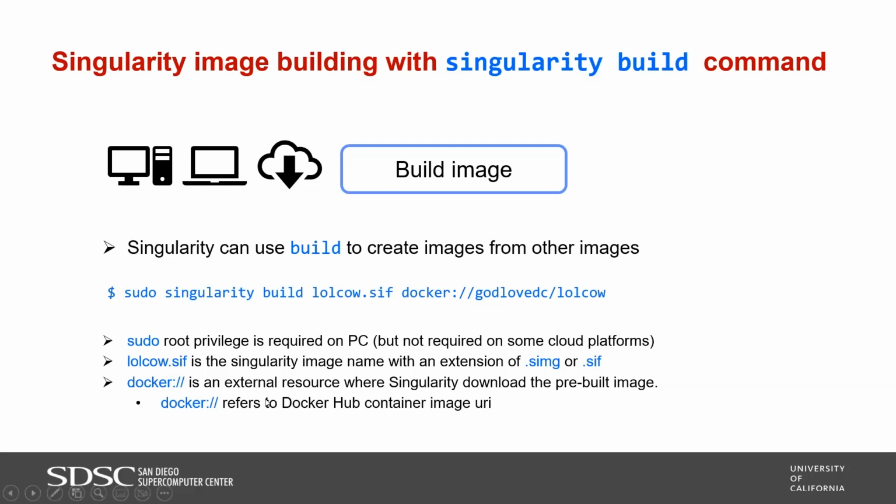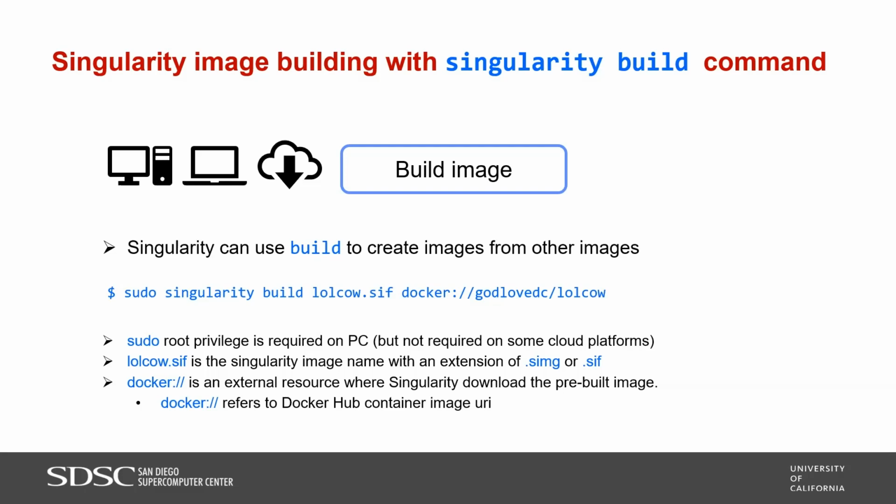This Docker is a place where Singularity downloads the pre-built image, and then transfers the image into the Singularity format. So here the docker:// refers to the Docker Hub container image URI.